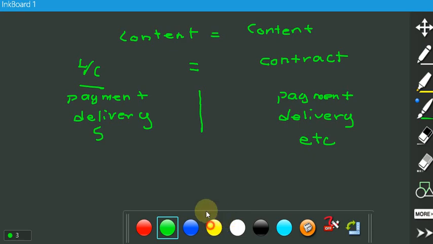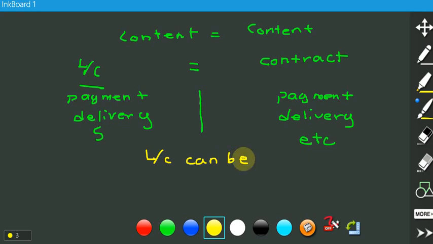So the LC can be different from the content of a contract.